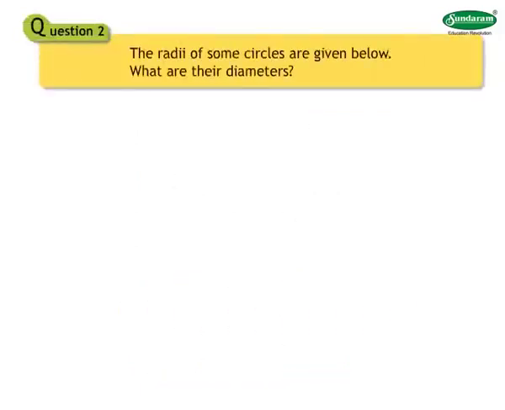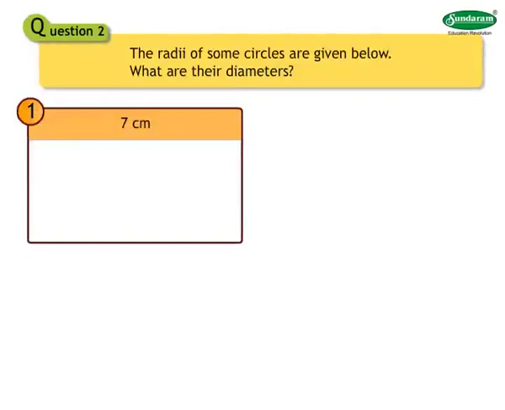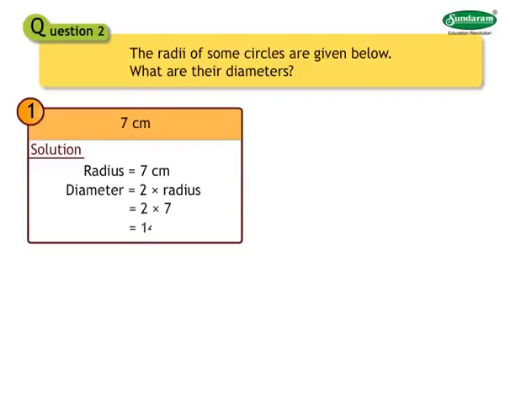Question 2. The radii of some circles are given below. What are their diameters? Number 1. 7 centimeters. Solution. Radius is equal to 7 centimeters. Diameter is equal to 2 into radius is equal to 2 into 7 is equal to 14 centimeters.